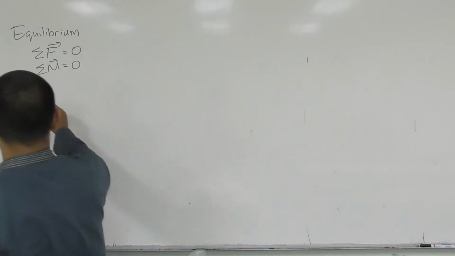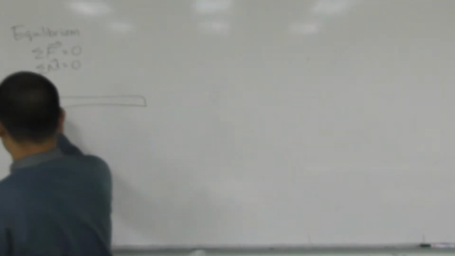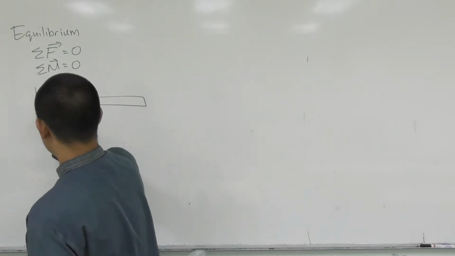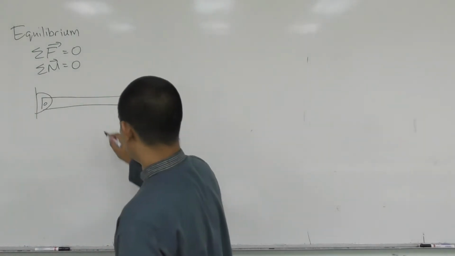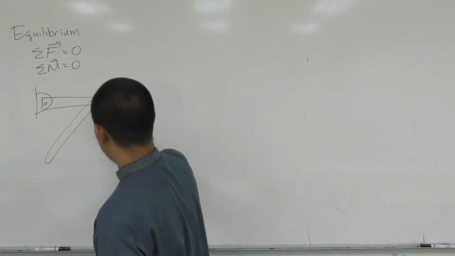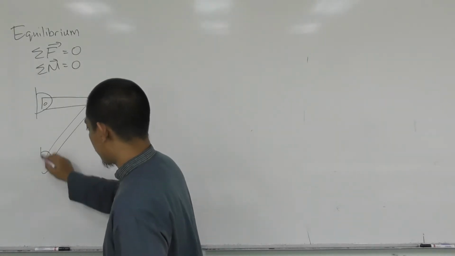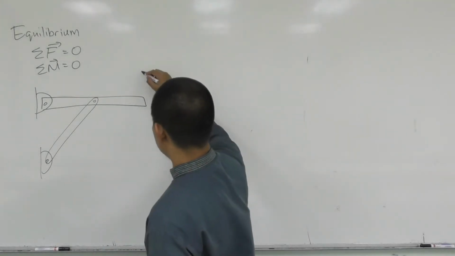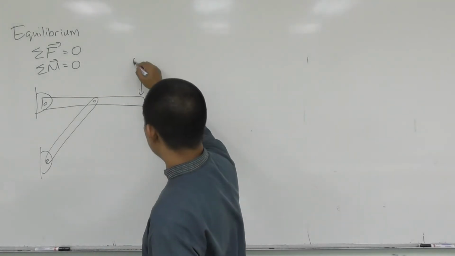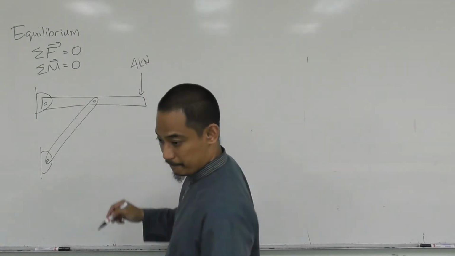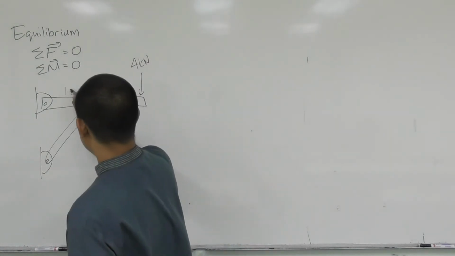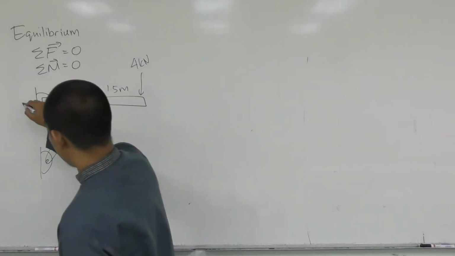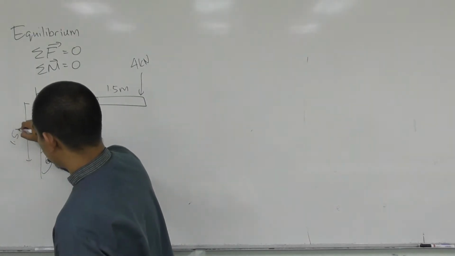You have a beam like that, with a pin support here, and then a member here, pin there, another pin there, and then you have a force here, which is 4 kilonewton, with distances of 1.5 meter, 1.5 meter, and this one is also 1.5 meter.